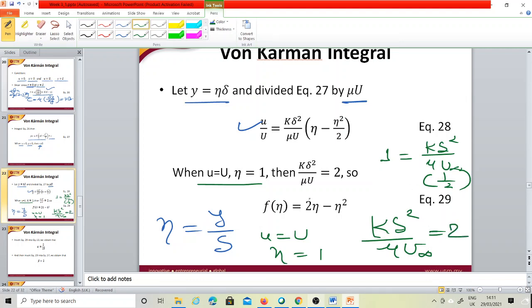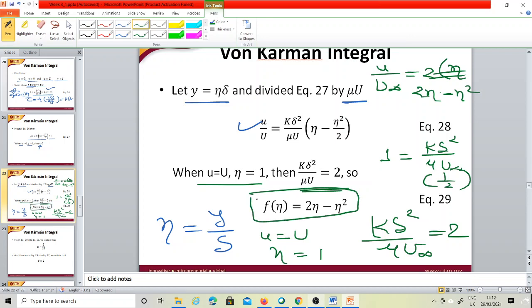Okay, so you got this expression is 2. So if this is 2, what you will get? Just put the value of 2 here. Then you will get small u by capital U is 2 eta minus, the 2 will cancel, eta square. So you will have this expression.